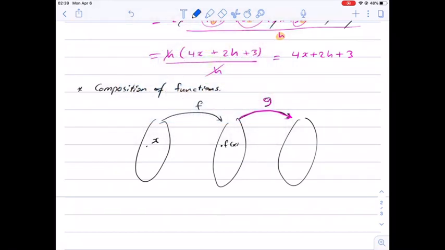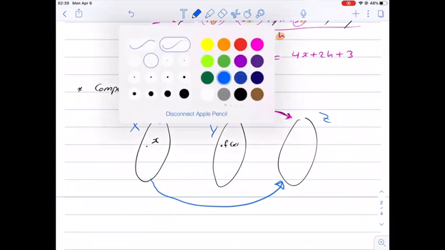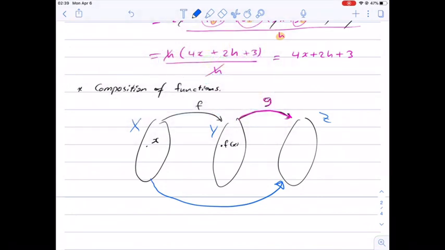So instead of going from the set x to y and then from y to z, we start at x and end at z directly. So what we do here is that we substitute. Now under the function g, we find the value of the function. So we substitute f of x into g.